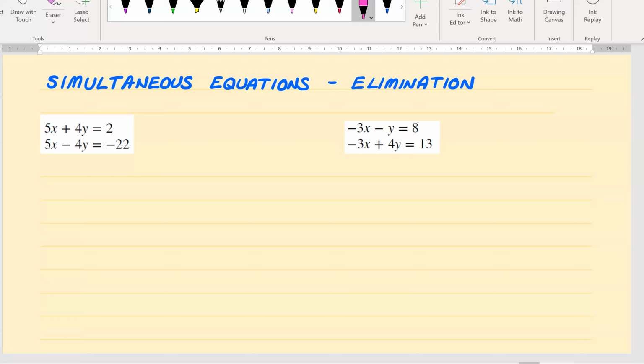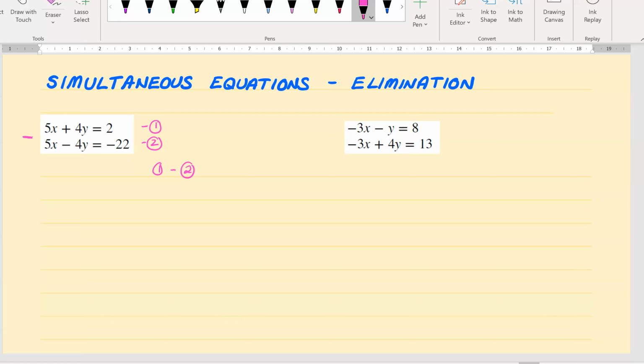So in order to eliminate this, what we can do is subtract one equation from the other. So if I label this equation 1, and we call this equation 2, if I say equation 1 minus equation 2, so we're just going to put a big old minus there, look what happens. 5x take 5x, it's no x.